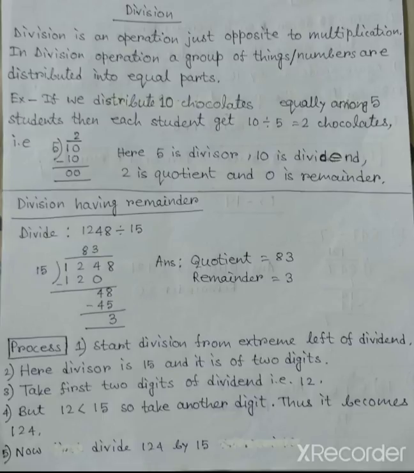From the multiplication table of 5, you will get 5 twos are 10. Thus, in this division, 5 is the divisor, 10 is the dividend, 2 is the quotient and 0 is the remainder.